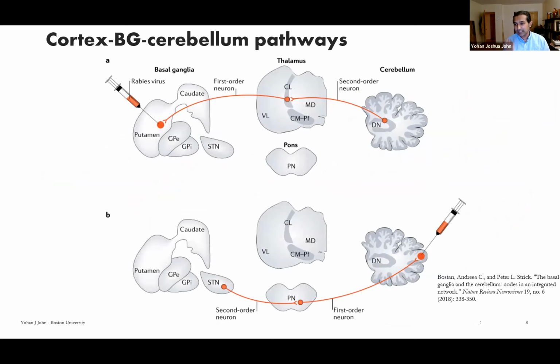So this is the paper that I sent out, Bostan and Strick. I just looked for Strick last week. I'm curious about non-motor effects of cerebellum on thalamus and cortex.